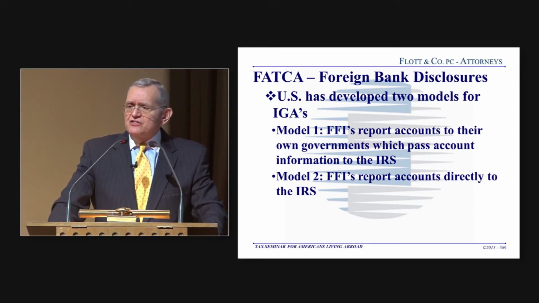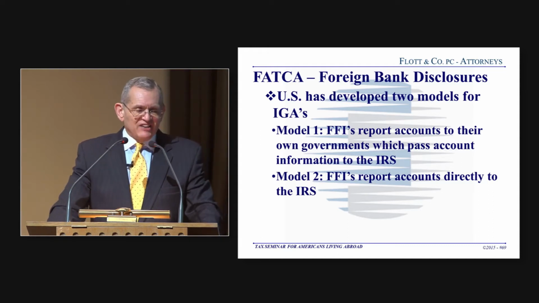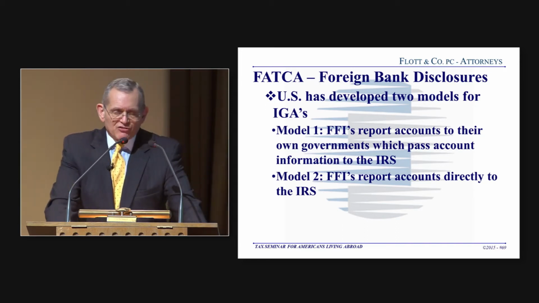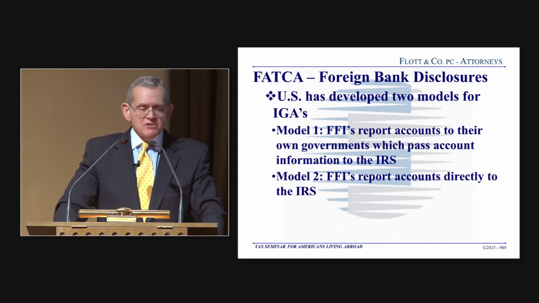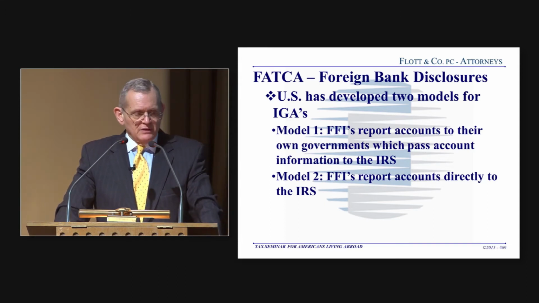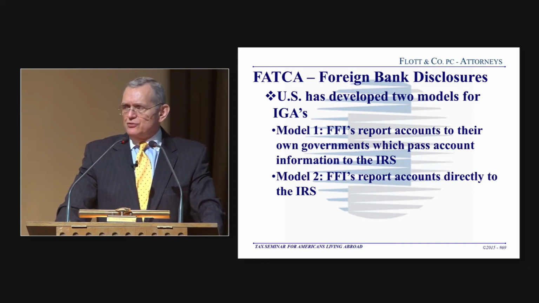The United States has developed 2 model bilateral agreements. They're called IGAs, Intergovernmental Agreements. Model 1, the foreign financial institutions report accounts to their own governments, which pass account information on to the Internal Revenue Service. Model 2 is a foreign financial institution reporting accounts directly to the IRS.